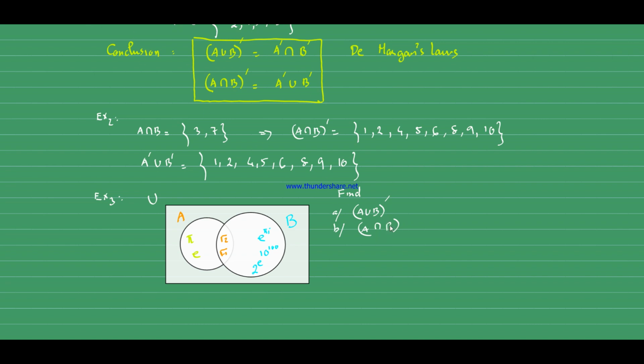And question C, I want to find the complement of A intersect B. And D, we want to find A union the complement of A. There you go. That's what I'm asking you to find. Okay, so let's see how we're going to do this.